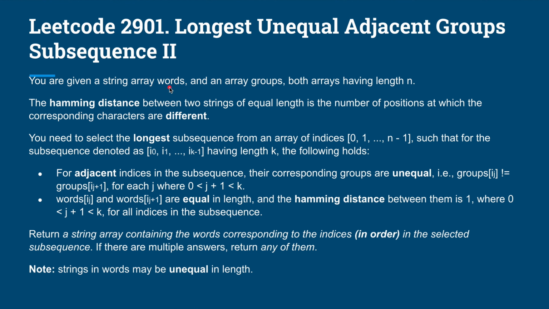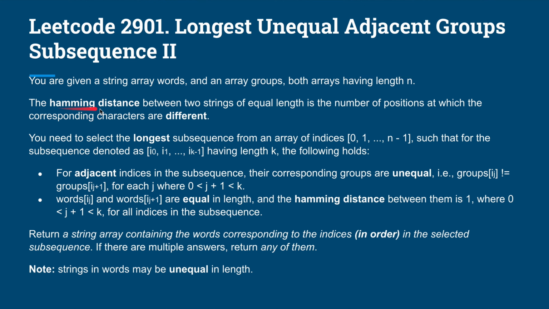That was an easy question. This is the hard version of the previous question that we saw yesterday. So in this question we have been given words and groups, both having the same length n.